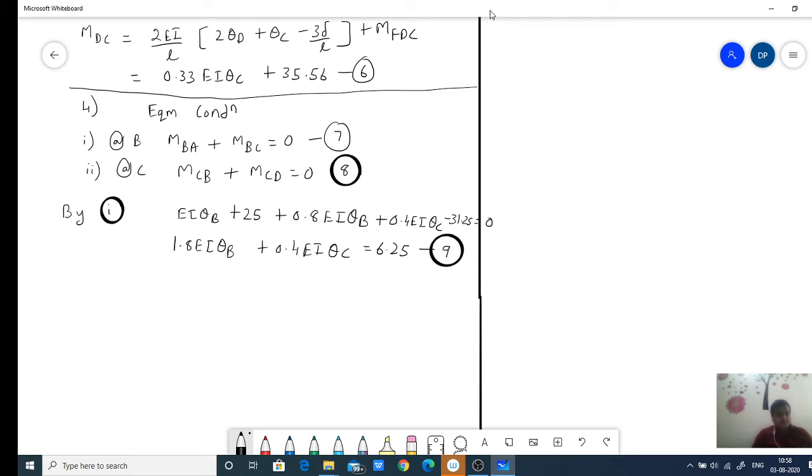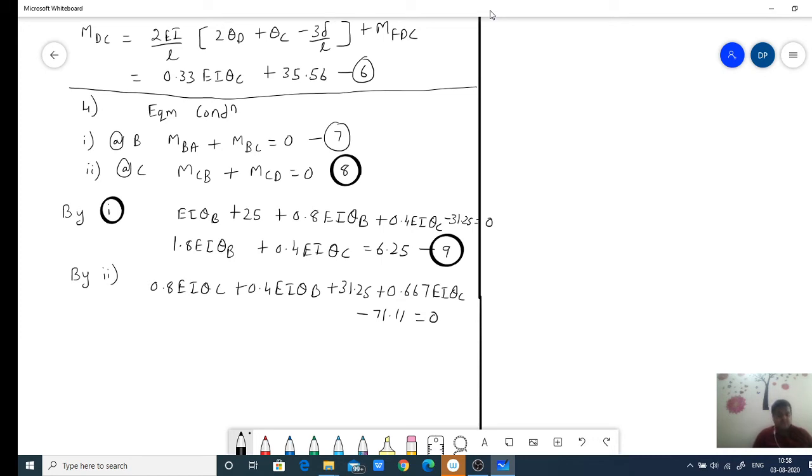Now similarly, by 2 if I am solving, that is MCB plus MCD is equal to 0. So this will be 0.8 EI theta C plus 0.4 EI theta B plus 31.25 plus 0.667 EI theta C, right, and minus 71.11, this is equal to 0.